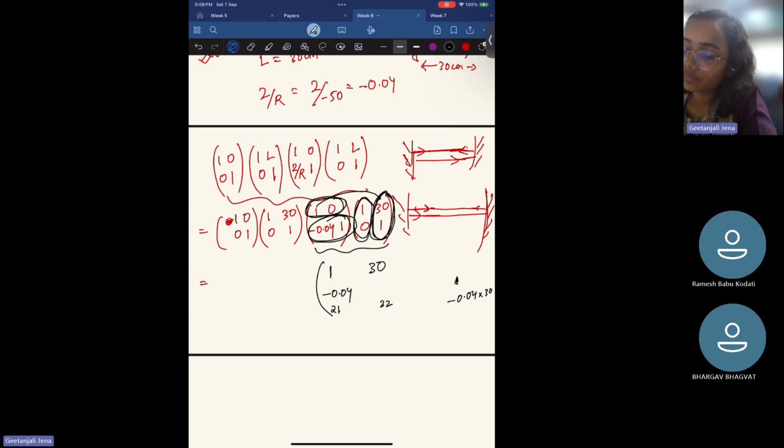So this will give minus 1.2. So in this manner you can multiply the matrix. So you have to get the element.